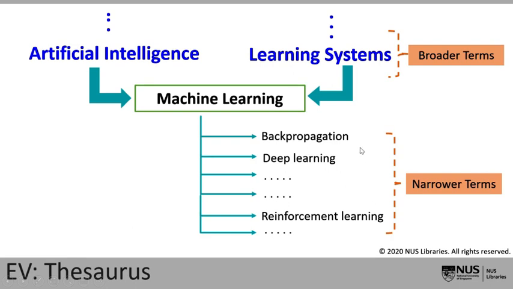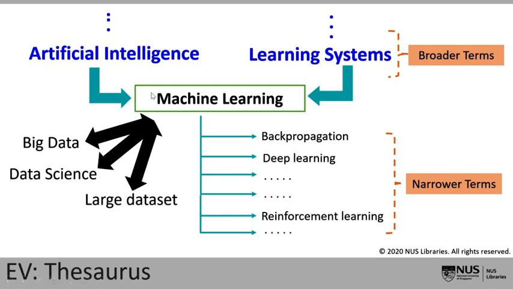There is also another group of terms which are associated with machine learning, for example, big data, data science, and large data set. We refer to these terms as related terms since they are on the same level as machine learning. So all in all these are synonyms that you can consider using for your search.